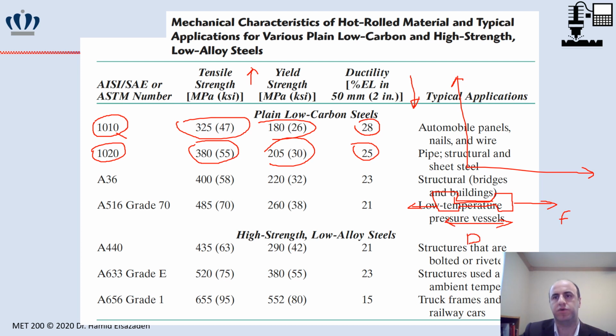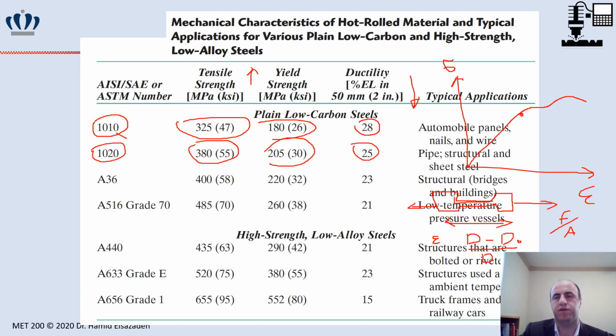Then you can calculate stress versus strain. The stress is F divided by A, and strain is D minus D0 divided by D0. Then you can plot these components versus each other, and then you see this behavior.